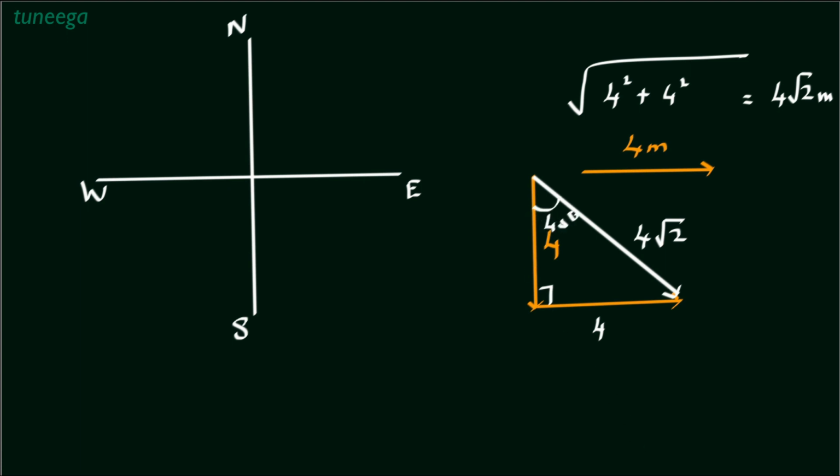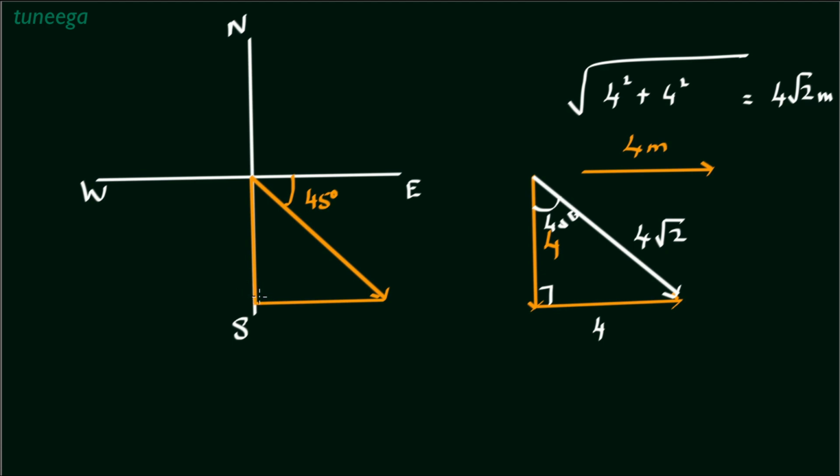So in other words, performing one of the displacements first, let's perform the displacement 4 meters south, followed by 4 meters east. The effect is performing a single displacement of 4 root 2 meters at an angle of 45 degrees south of east.